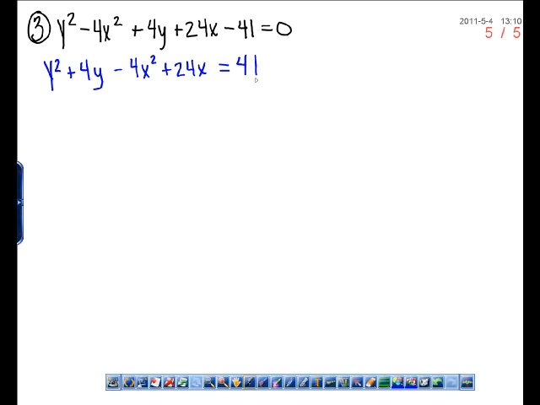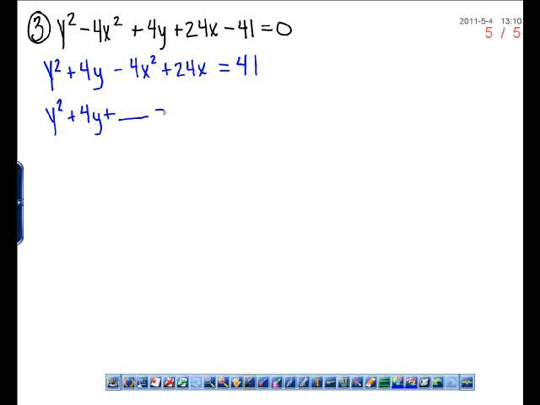Now we need to get ready to complete the square. So y squared plus 4y. I'm going to leave a blank here. What do you think I'm going to have to do here? Good. Pull negative 4 out.